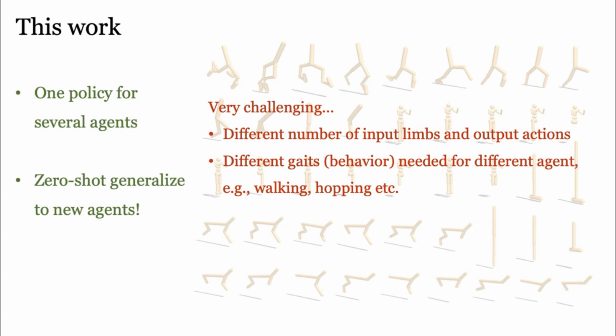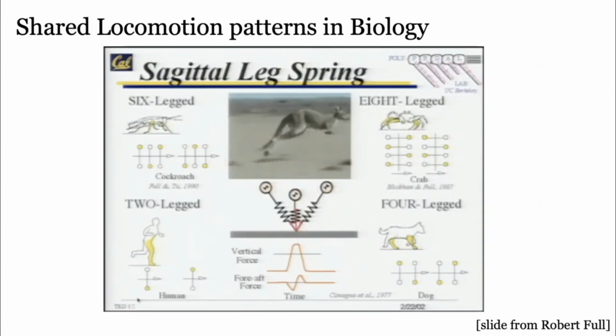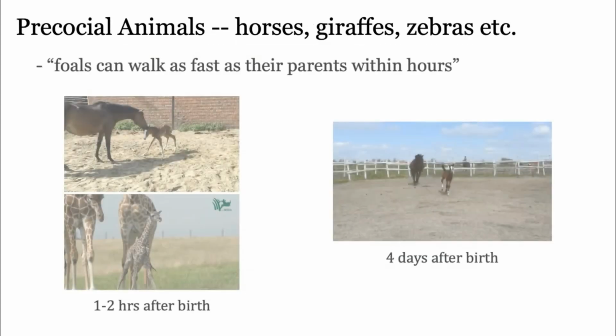So before we go into the solution, we should wonder why it should even be possible to do this kind of problem. Is there any evidence in nature that we can find shared locomotive patterns across different animals? Well, in fact, there's work in biomechanics showing that animals that have obviously different shapes like cockroach, crab, human, dogs actually share the same spectrum of forces acting on the ground for locomotion.